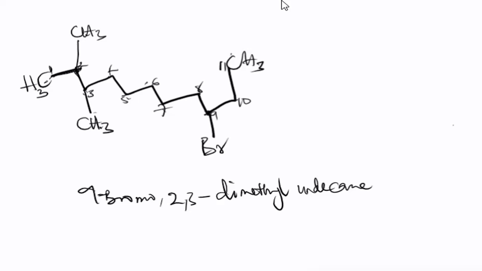So this is the correct name for this compound. So I'll have 9 bromo, 2, 3 dimethyl alkane.